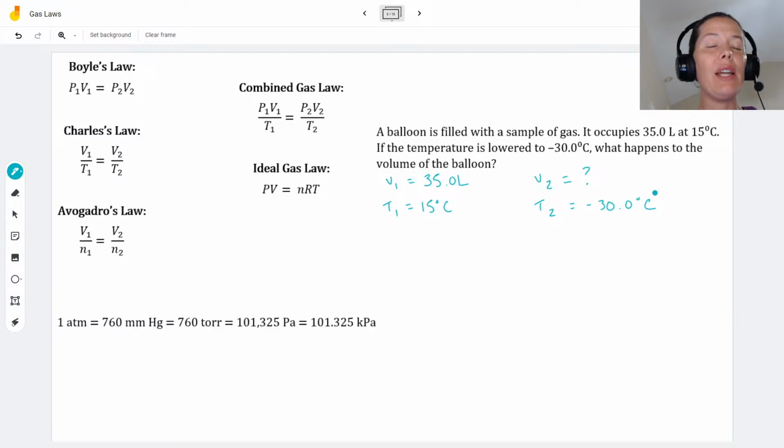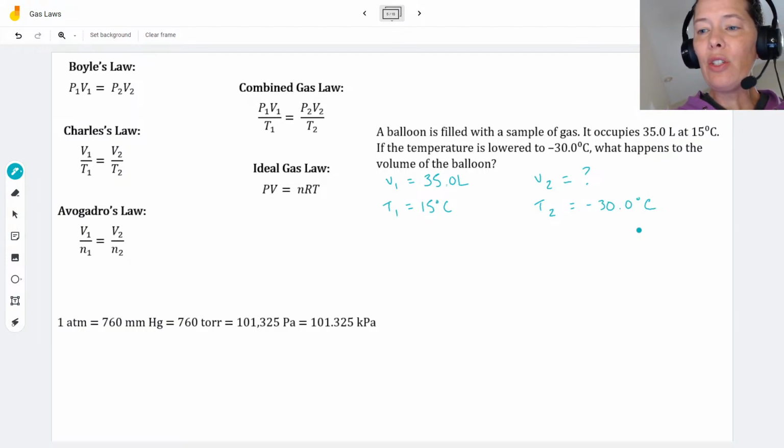Okay, so this brings up something that we haven't run into with gas laws, and that is we cannot use Celsius when we use gas laws, because degrees Celsius is a relative scale. We need an absolute scale. So the only absolute temperature scale that we have is Kelvin. So we need to convert each of these temperatures to Kelvin. The good news is converting from Celsius to Kelvin, or even Kelvin to Celsius, is very easy. To convert from Celsius to Kelvin, we are simply going to add 273.